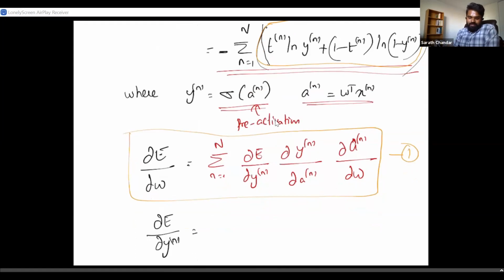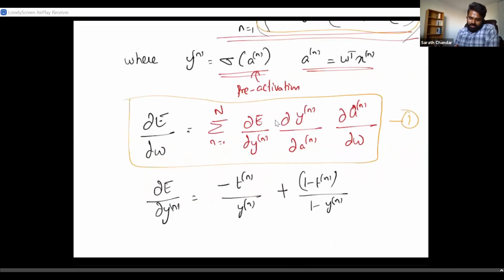There is a minus in the front, remember that. So it's minus t of n by y of n, since when you differentiate ln y you get 1 by y. And you get minus (1 minus t of n) divided by 1 minus y of n. You differentiate 1 minus y of n, so you get a minus, so it becomes plus.